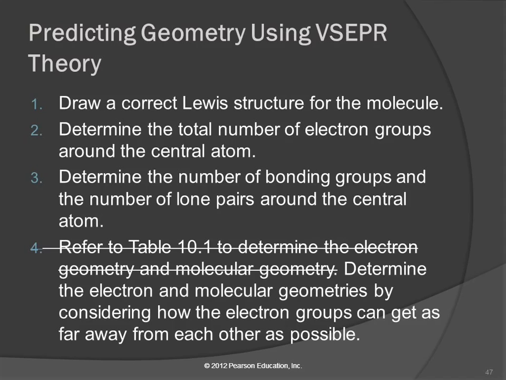And then I cross this out because I don't think this is a good... Refer to table 10.1 to determine the electron geometry and molecular geometry. Well, that's great on homework, but a little work on an exam. So I cross that out. You determine the electron and molecular geometries by considering how those electron groups can get as far away from each other as possible. Okay?